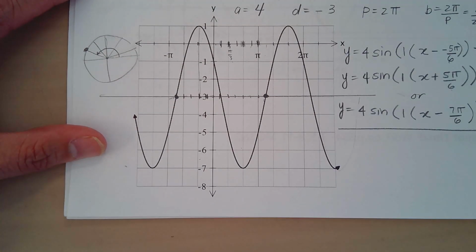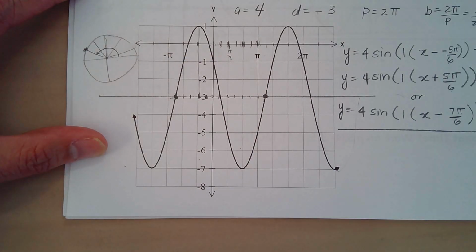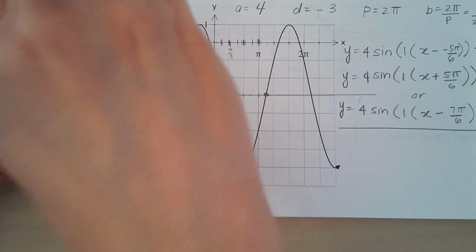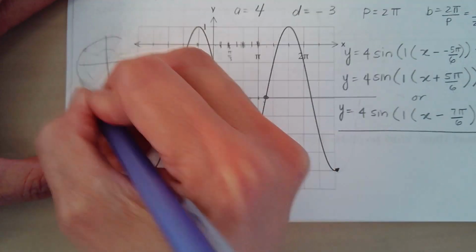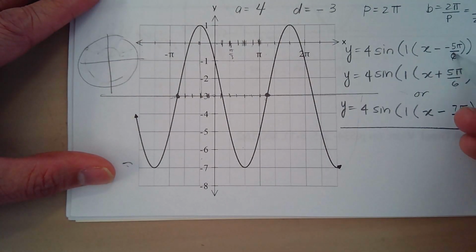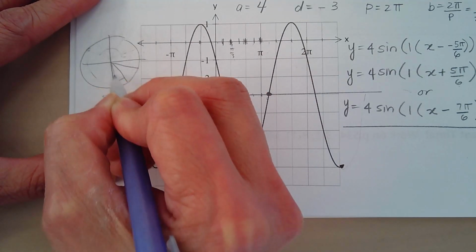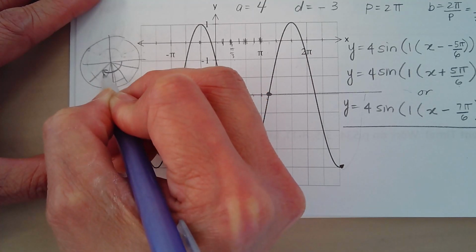You see that? Okay. Now, if I go the other way, oh, it should be, no, backwards. This is a negative 5 pi by 6, the other way. Back, back, back. Negative 5 pi by 6, so that's 1, 2, 3, 4, 5. So this is a negative 5 pi by 6.